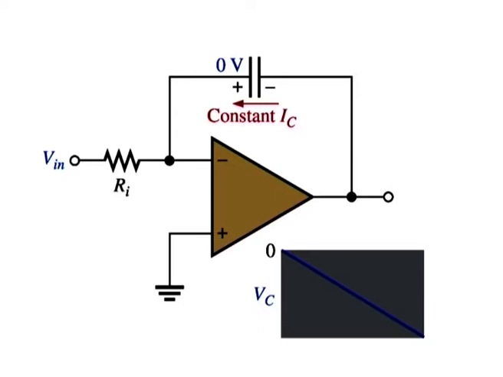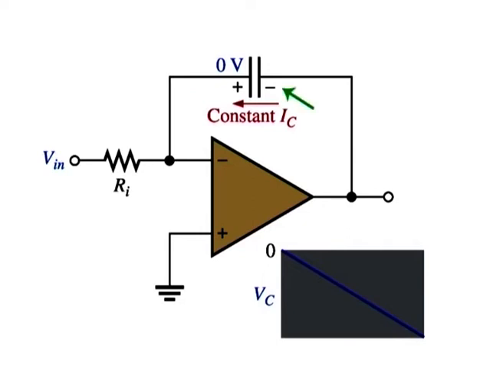The capacitor voltage. Since Iin is a constant, so is IC. The constant IC charges the capacitor linearly and produces a linear voltage across C. The positive side of the capacitor is held at 0 volt by the virtual ground of the op-amp.